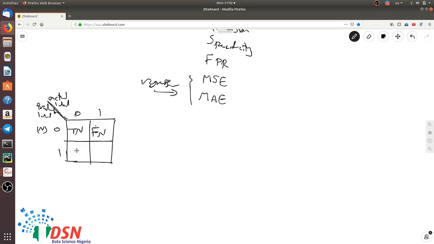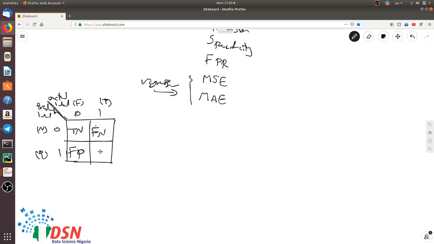Similarly here, if the actual label is 0 but the predicted label of the classifier is 1, we have false positive, because our classifier predicted positive, but it is false because we have 0 here, right? So we could name them negative and positive and false and true to get this better.